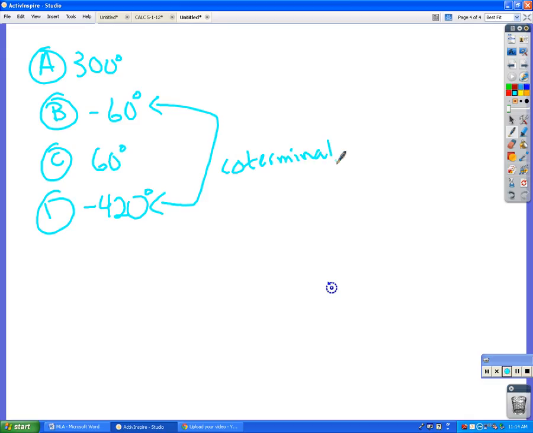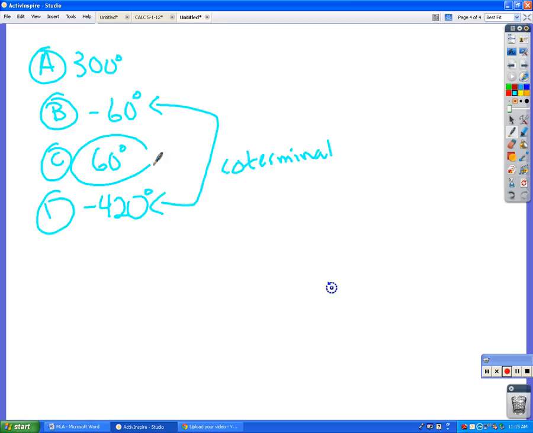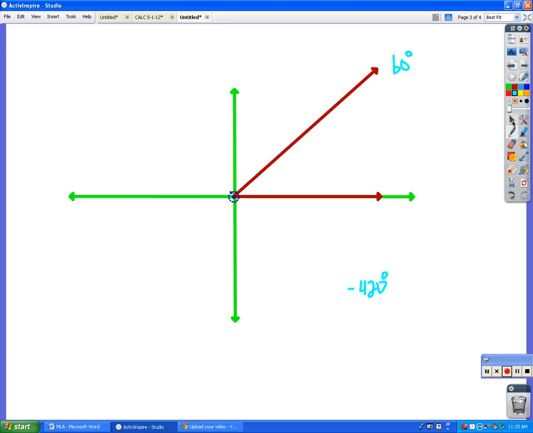Which is the angle up there that will not be coterminal? 60, because if I look at 60, I have to start out by going up, so that's going to be somewhere up here. So 60 would be the one that is not coterminal with any of the other ones. How about 300?